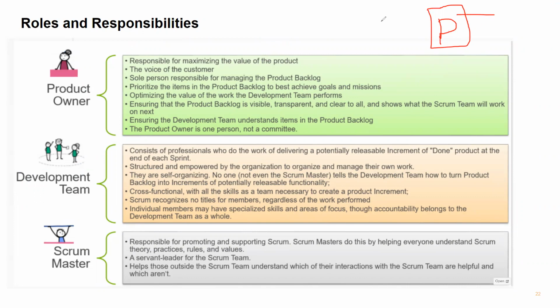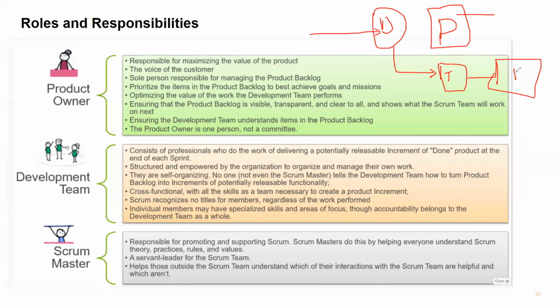No. So there will be a development environment where the developer will push, and from there it will go to the test environment. Then it will go to staging or pre-prod. It depends on the company, or it will go to a sandbox or whatever. Finally it goes to production.